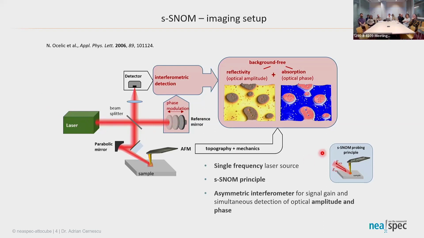If you tune the laser emission to a different wavelength that is not absorbed by a material, then you will see the same area with a different contrast. So this is a kind of chemical mapping that we can achieve on such a polymer sample.